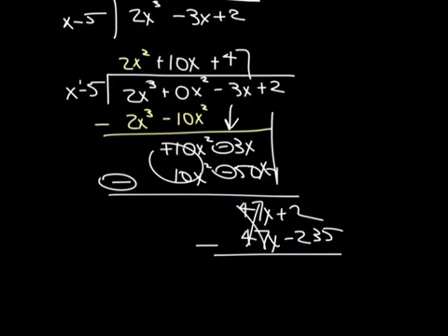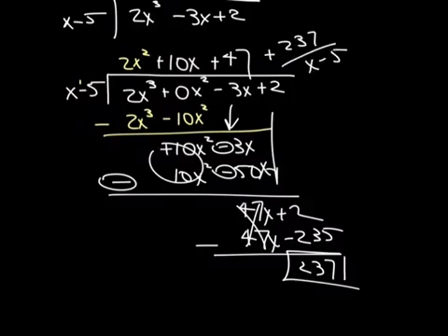Those go away. 2 minus negative 235 is positive 237. There we go. So I'm done there. So plus 237 over x minus 5. Okay, so that's my answer: 2x squared plus 10x plus 47.